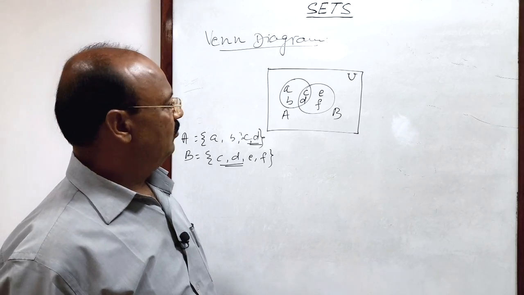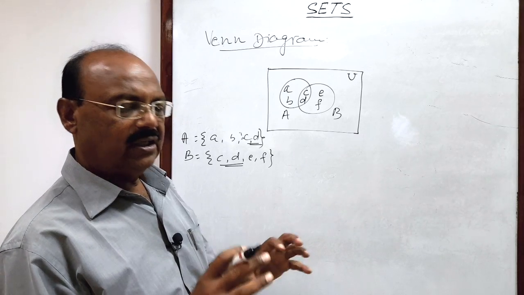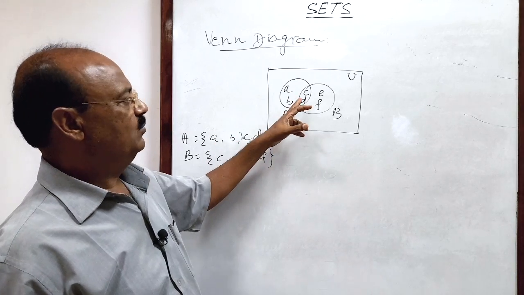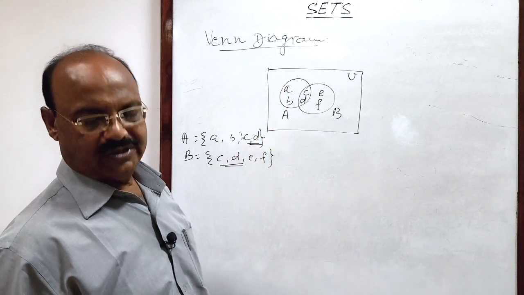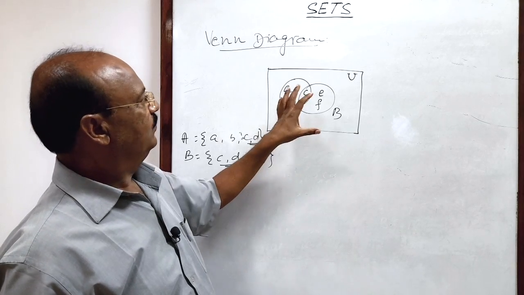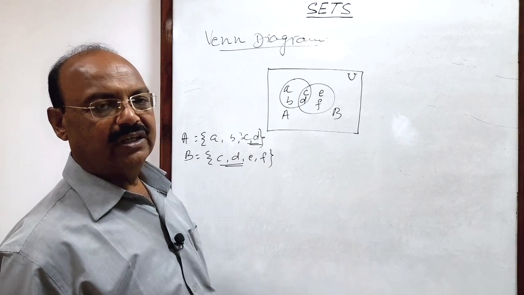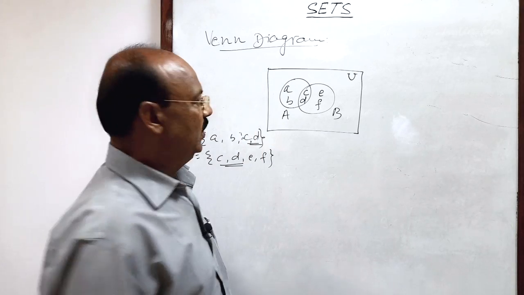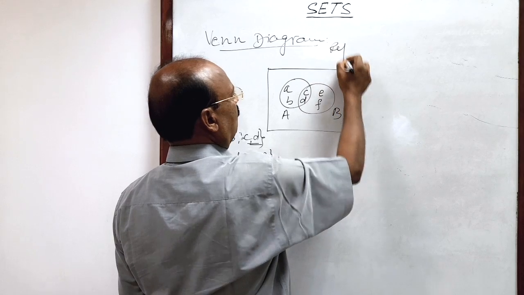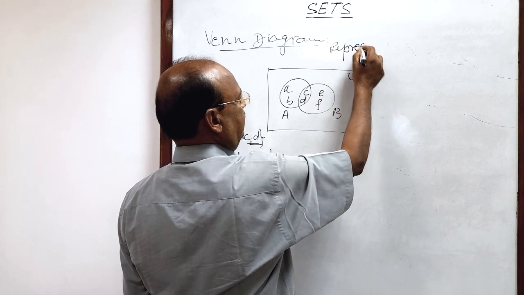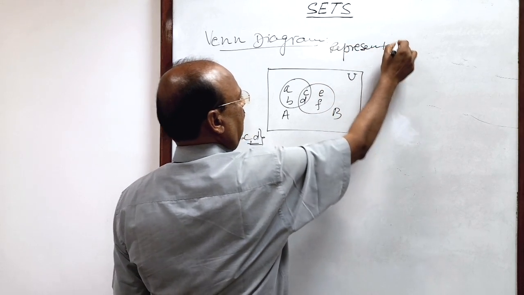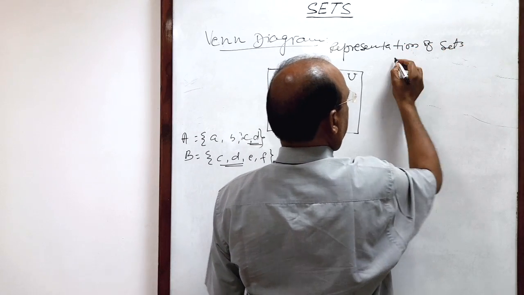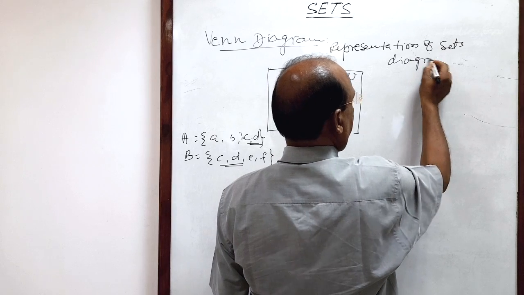So in this way we can place all the elements of this set suitably in the common portion or non-common portion. So in this way we can represent a set diagrammatically. So Venn diagram is nothing but a representation of sets diagrammatically.